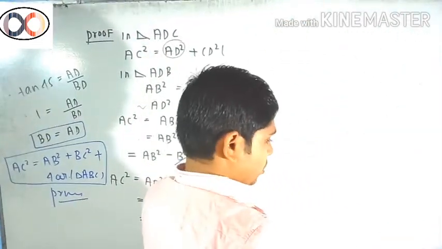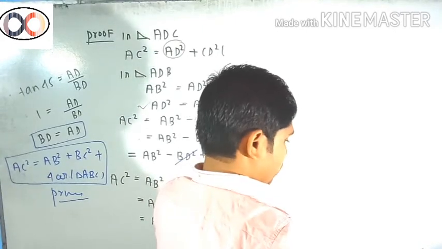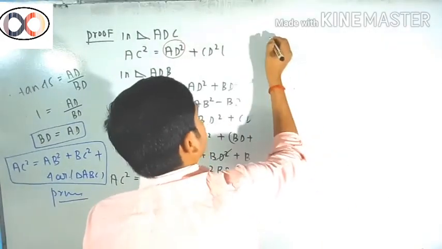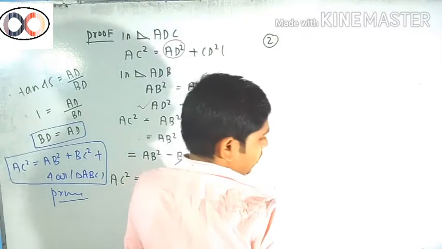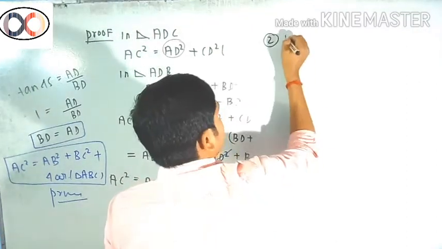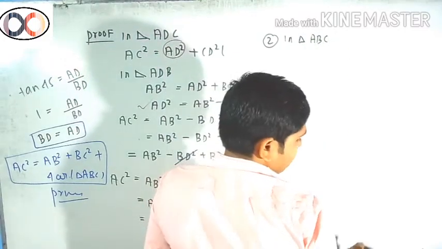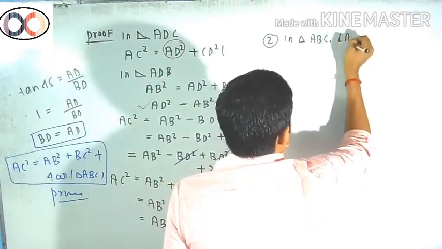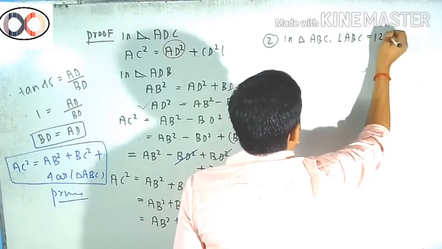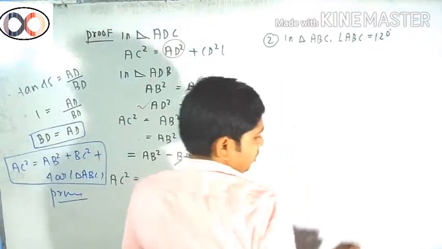So next are the questions regarding this topic. First, question number 2: in triangle ABC, angle ABC equals 120 degree.